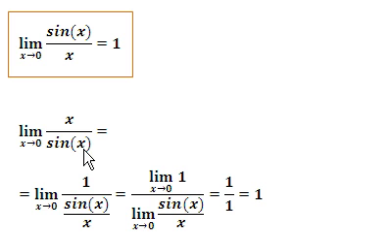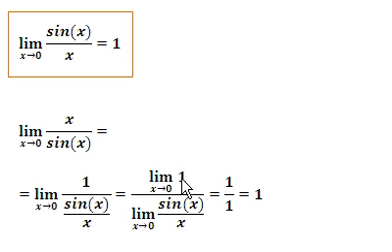Now the trick I'm going to do here is I'm going to write 1 over sine x over x. Now you kind of see the trick. When you simplify this down, we just end up with this, right? But by properties of limits, we can take the limit of the numerator and then the limit of the denominator separately.